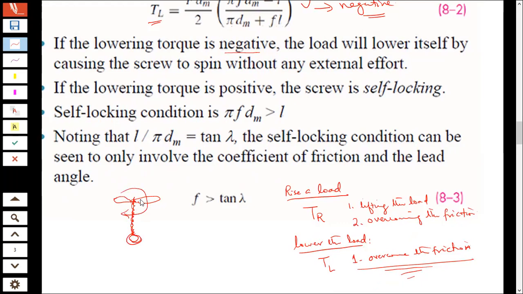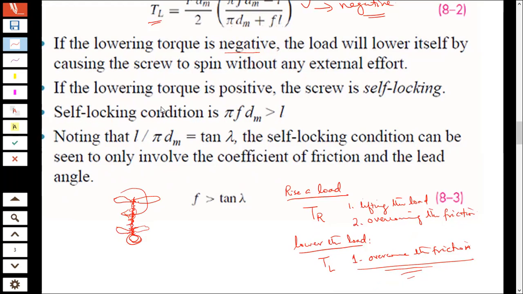It spins down, down, down, and you will see that it comes down by itself over here. So if that's the case with your load, it's going to come down by itself when you lift the screw jack and remove the torque that you are using to raise the load. So the load is going to fall down, and we don't want to do that.